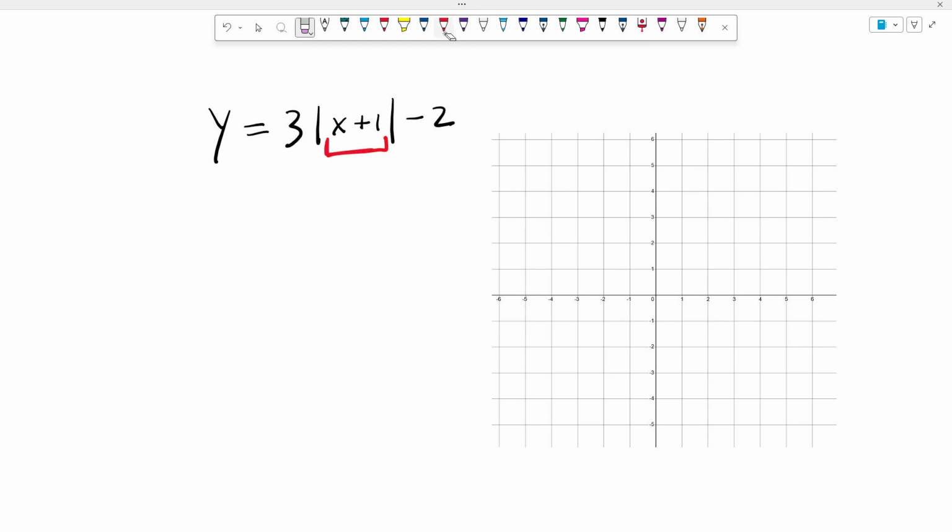So it goes left 1 unit. What does the minus 2 do? Down 2. And then what does this do? Stretch 3. And with linear equations, stretching by a factor of 3 is really just changing the slope to 3.